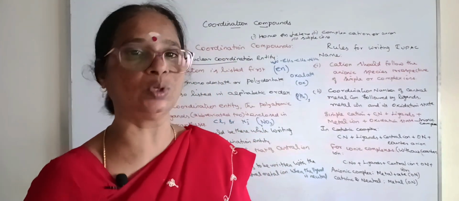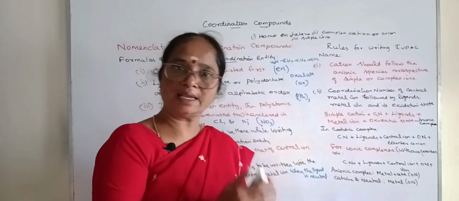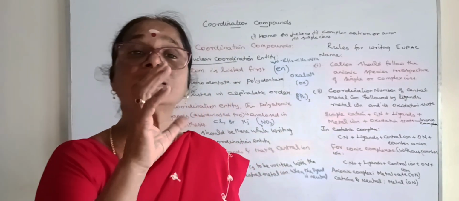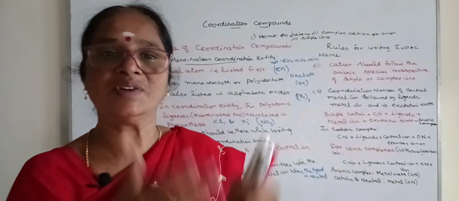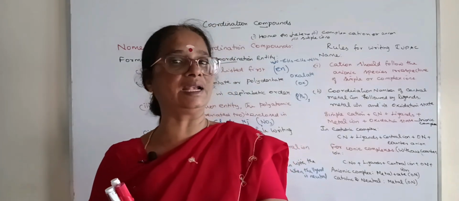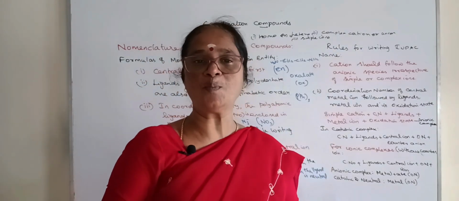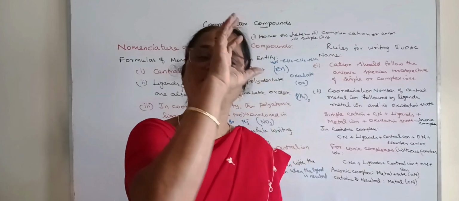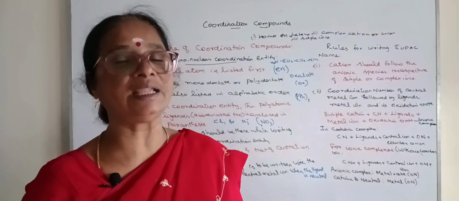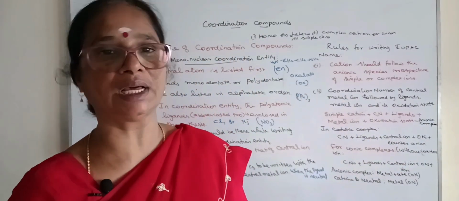These are the rules. First of all, you have to find out what type of complex this is, whether a cationic complex, an anionic complex or a neutral complex. If it is a cationic complex, you have to name the entity first, followed by its counter ion.